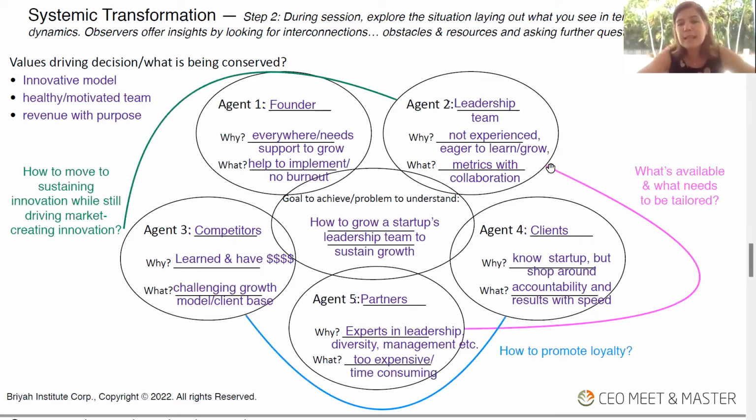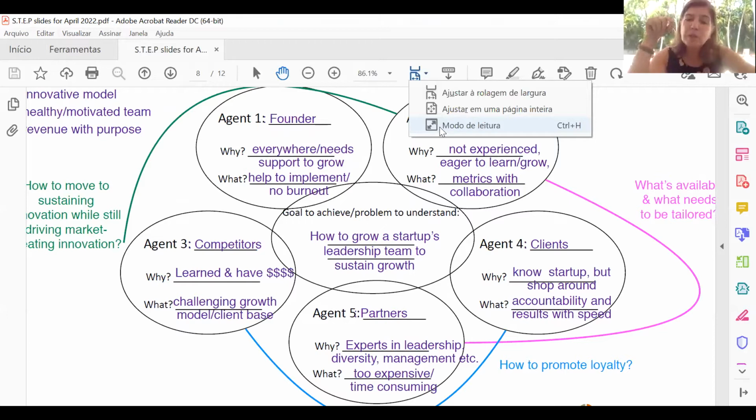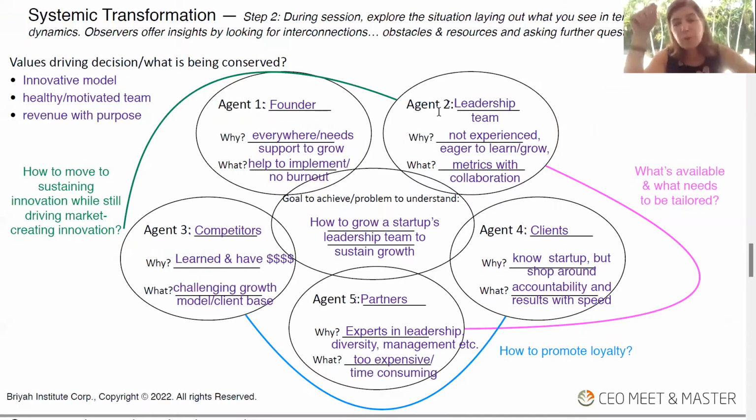Those were the insights that I got. Oh, okay, so maybe the partners already have some products that could be good for my leadership team, like some leadership training or some tools for my leadership teams that are already available and they can offer me at a nice cost. Or I might need this specific partner to do something specific for me.